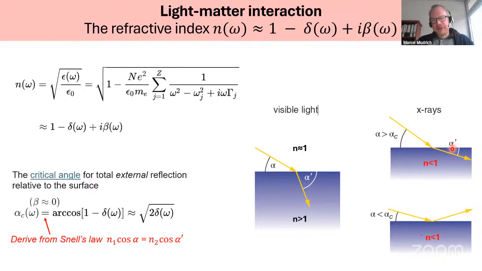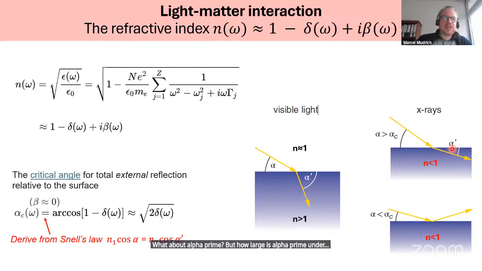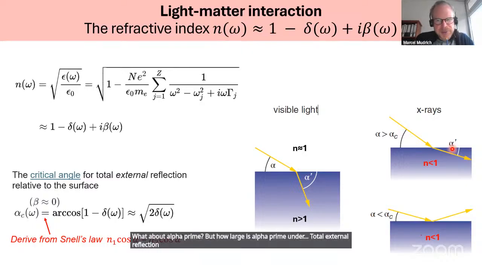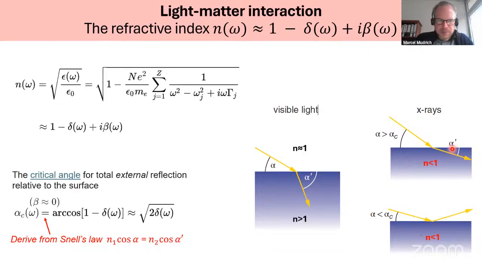What about alpha prime? How large is alpha prime under total external reflection conditions? Zero. Yes, zero. Because look here on the top, we do not have total external reflection.